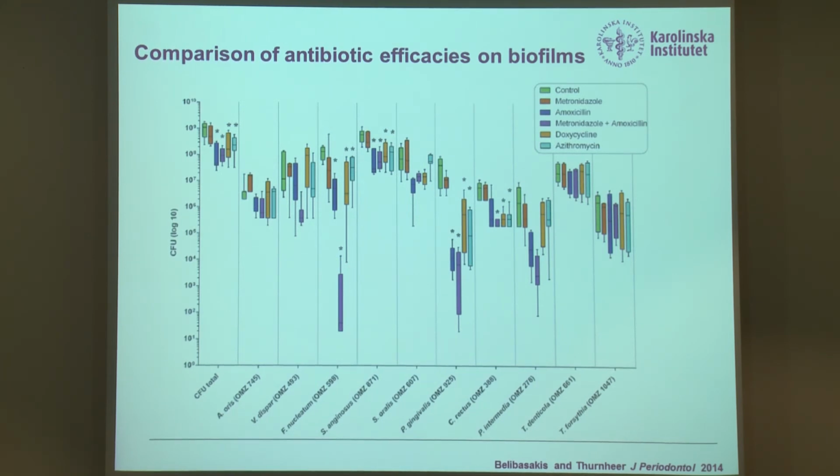And we do know that this combination perhaps yields the best clinical outcomes compared to other antibiotic regimens when they are used as adjuncts in periodontal disease treatment. So this is basically a biological proof of concept for the clinical observation of the high clinical outcomes of this antibiotic regimen.